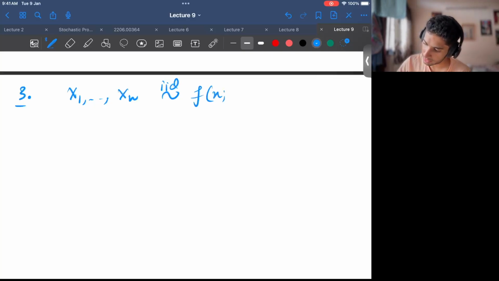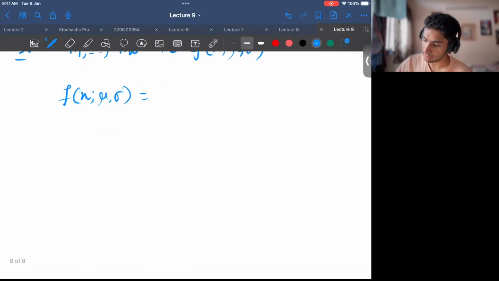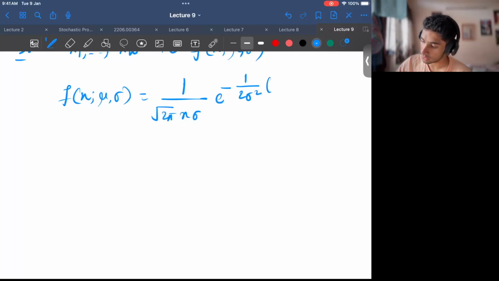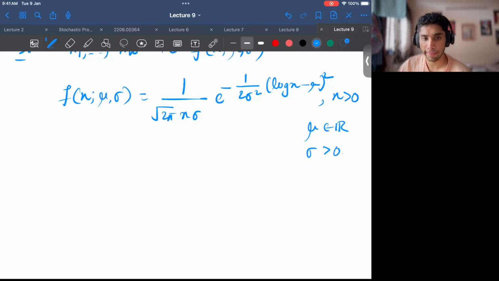So f of x given mu comma sigma is given by 1 by root over 2 pi x sigma, e raised to minus 1 by 2 sigma square, log x minus mu whole square, and x is greater than 0 here. Mu belongs to real numbers and sigma is greater than 0. This is given to us.